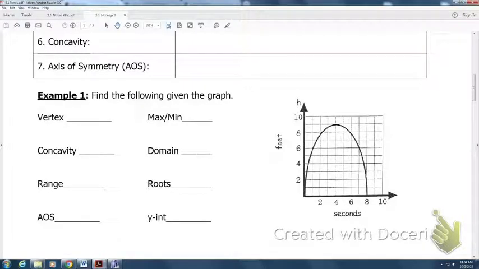So looking at that, Ms. Blessing, what would the vertex be? Isn't the highest like 9? And what is the x value with that point? 4. Awesome. And so if my vertex is 4, 9, Trevor, what is my axis of symmetry? X equals 4.